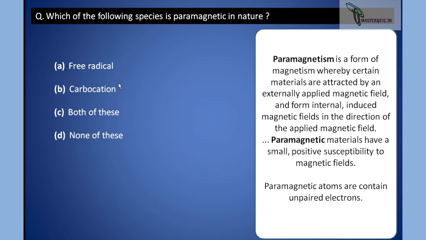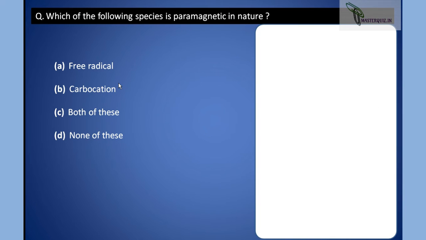Paramagnetism is a form of magnetism whereby certain materials are attracted by an externally applied magnetic field and form internal induced magnetic fields in the direction of the applied magnetic field. Paramagnetic materials have a small positive susceptibility to magnetic fields. So paramagnetic atoms contain unpaired electrons.